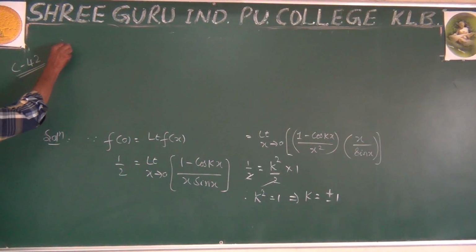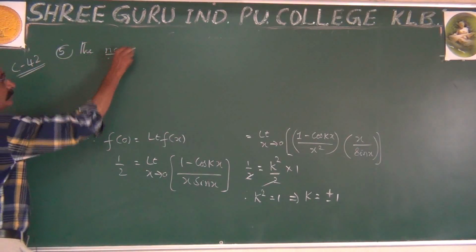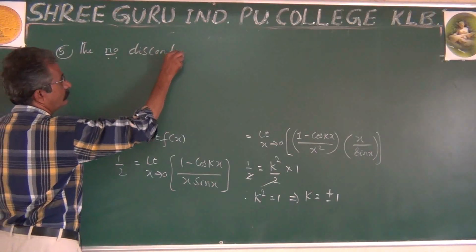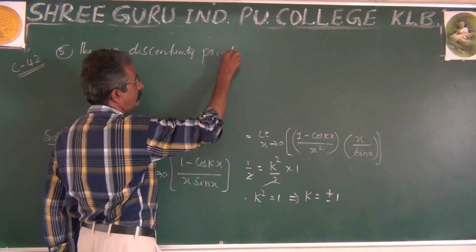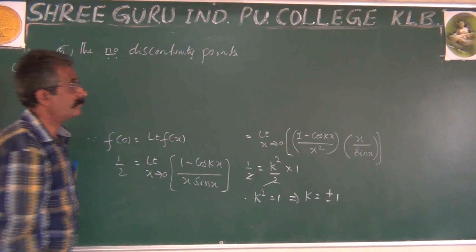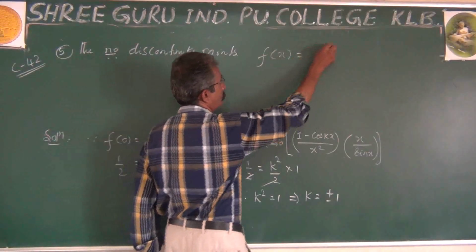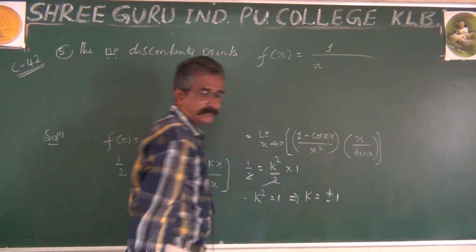Fifth question, the number of discontinuity points of the function f of x equals 1 divided by x square plus 2x plus 2.